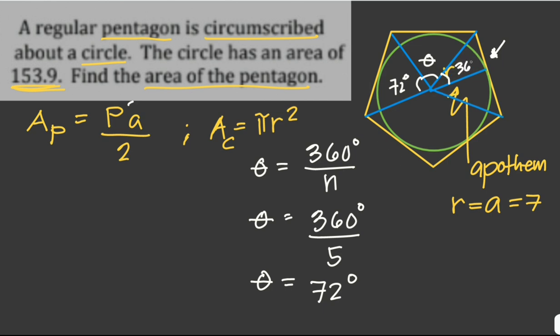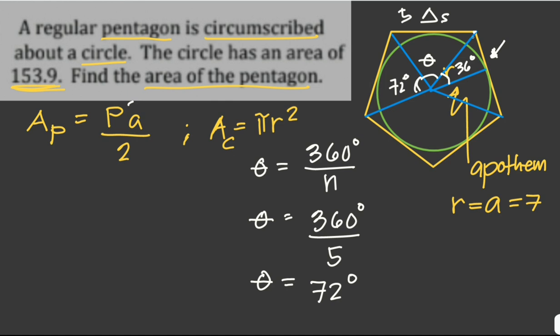So this one is 36 degrees. And by the way, if we connect all the vertices of the pentagon to the center, we will form 5 triangles. And each of these triangles has an angle of 72 degrees, and half of that is equal to 36 degrees.